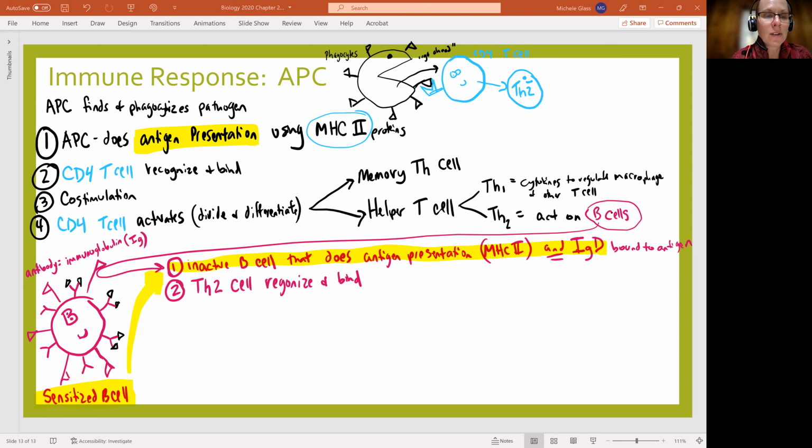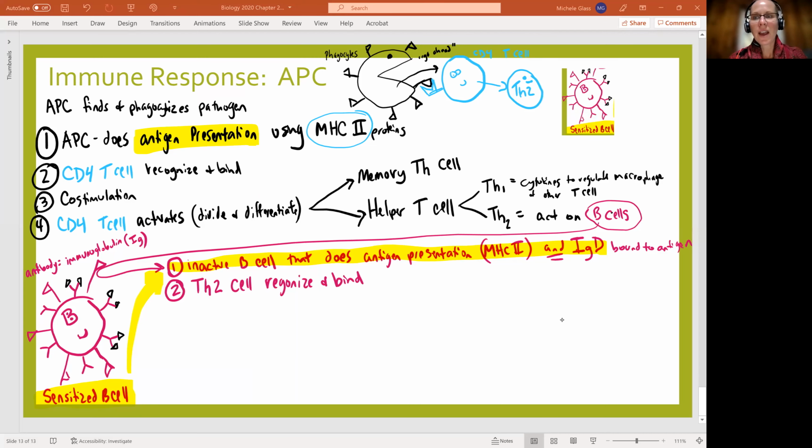So I'm going to try to move my B cell, or copy my B cell, move it up to the top. Okay, so I moved my picture of my sensitized B cell up to the top of the screen, where my picture of my helper T cells is located.